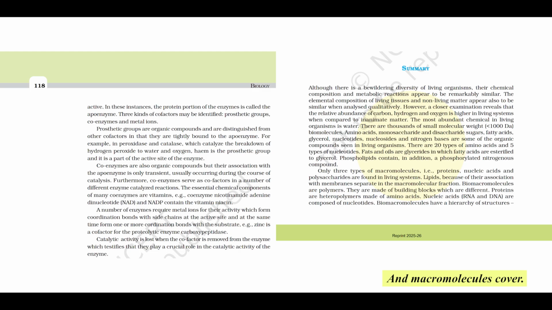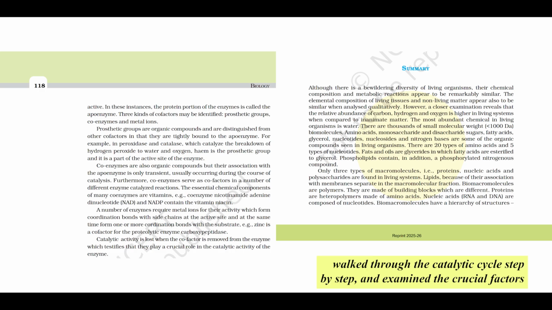And macromolecules covered. And then critically, we dove into enzymes. We broke down how they work by lowering activation energy, walked through the catalytic cycle step by step, and examined the crucial factors that affect their activity: temperature, pH, substrate concentration, and inhibitors, including the mechanism of competitive inhibition. We also touched upon their classification and the essential role of cofactors like prosthetic groups, coenzymes, often involving vitamins, and metal ions.